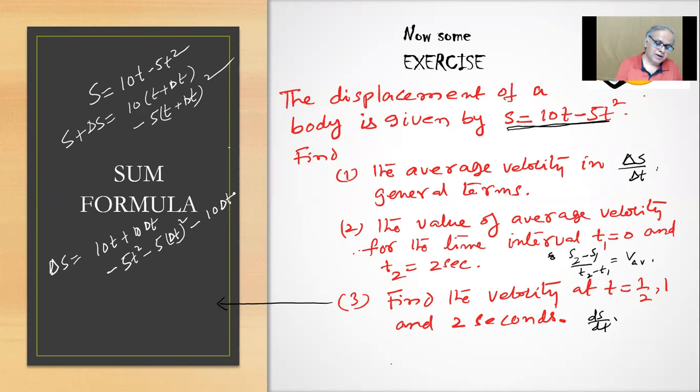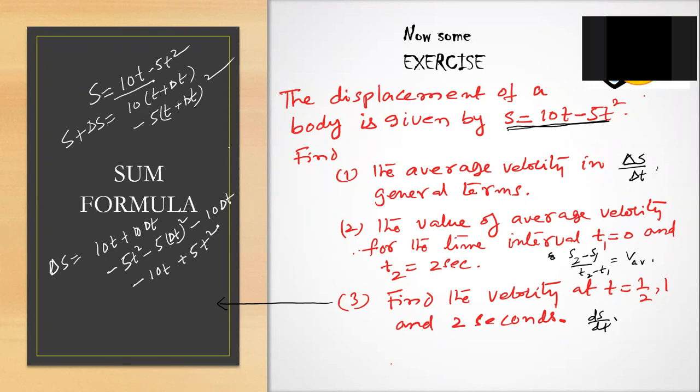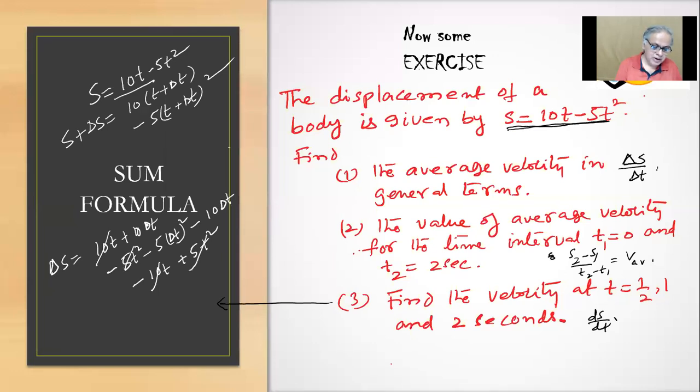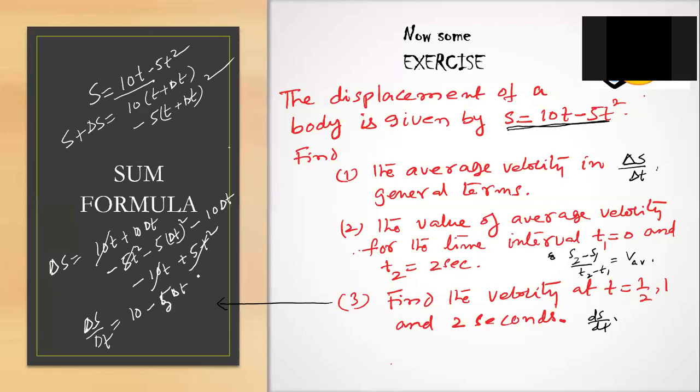Then minus S, minus 10t plus 5t square. So this 10t went away, this 5t square went away. Bring delta t out to this side. So delta S by delta t equals 10 minus 5 delta t minus 10.